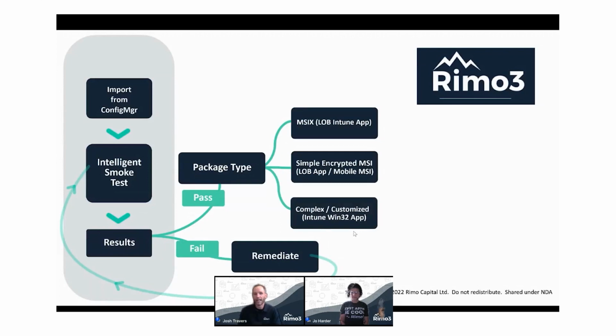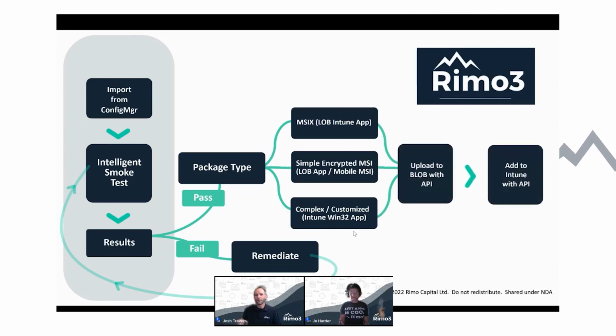Now, the third is in the event that it fails as MSIX, and it is an MSI, but it has a bunch of transform files, a bunch of dependencies, and it's a large complex app. This is what the conditional logic does, it makes those hard decisions for you. Again, these are data-driven decisions based off of the intelligence that we've gathered along the way. And then what we'll do is we'll wrap it as a Win32 app and then export that into Intune.